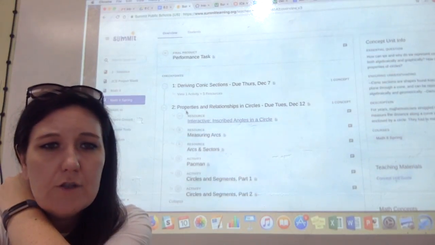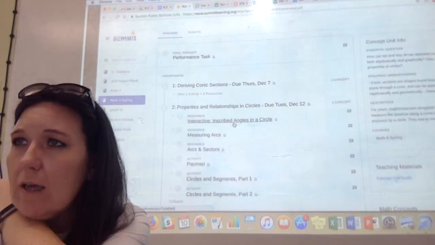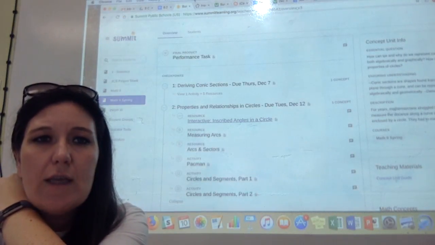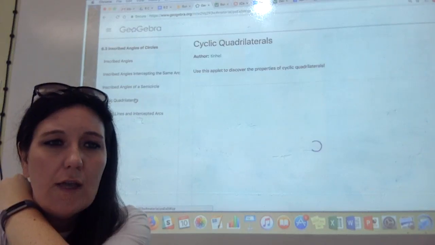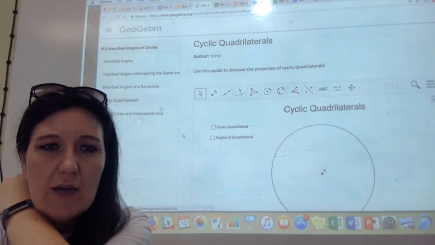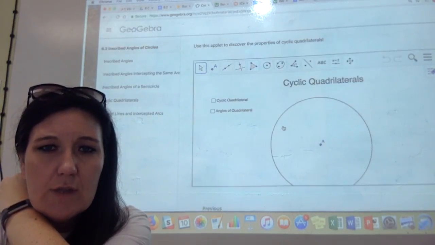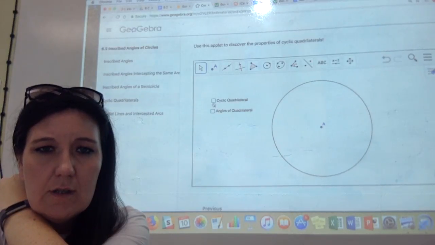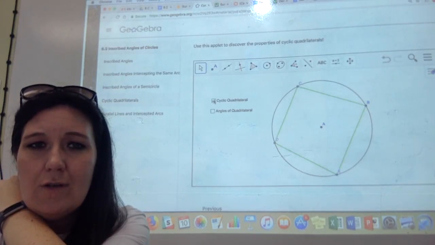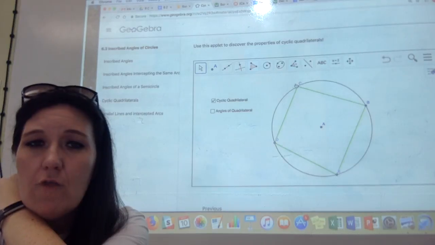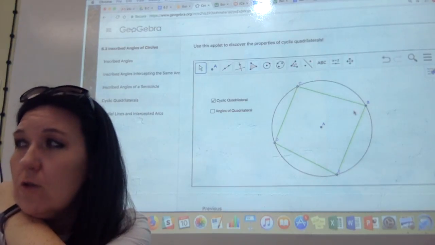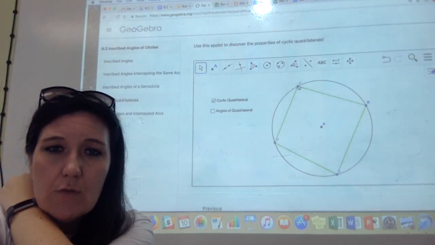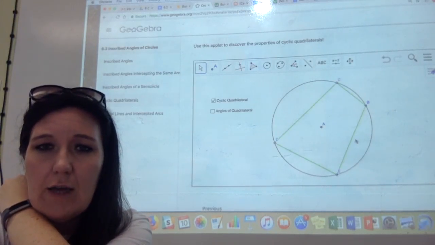It's under lesson 2, this interactive inscribed angles in a circle. That's what's taking me to this right here. They call it a cyclic quadrilateral. What that means is it's a quadrilateral inscribed. Notice all four vertices are on the circle. I can pull these around, it doesn't matter.